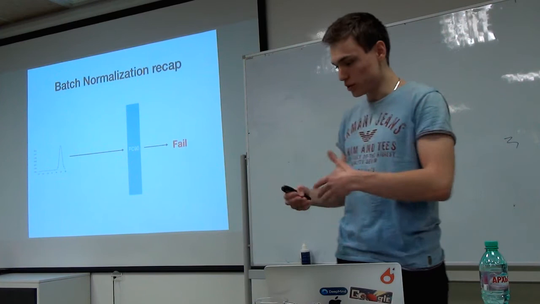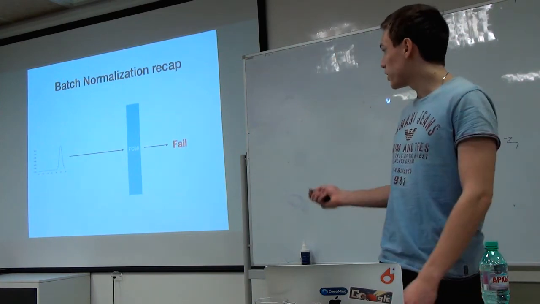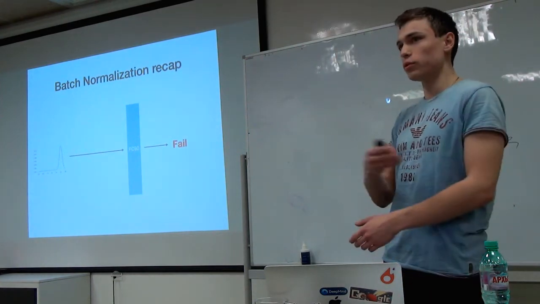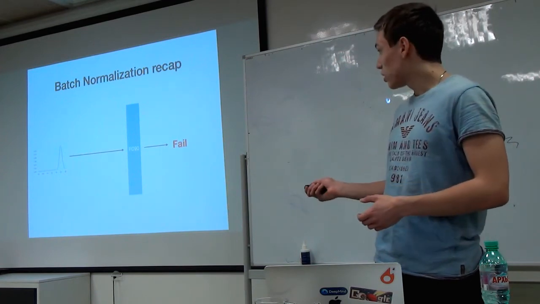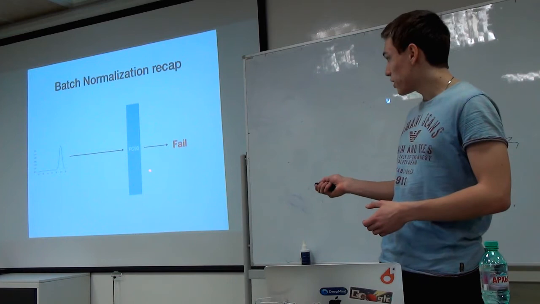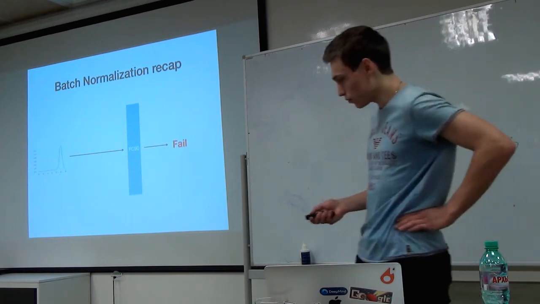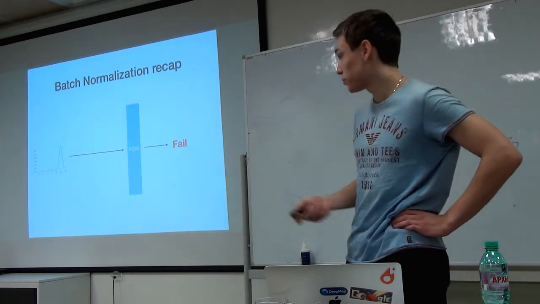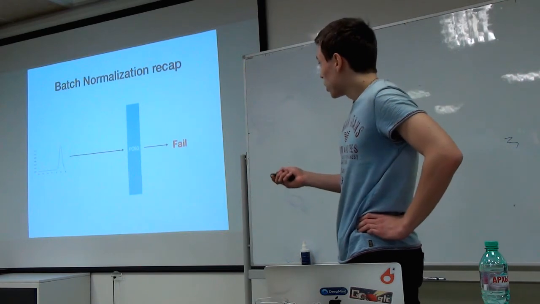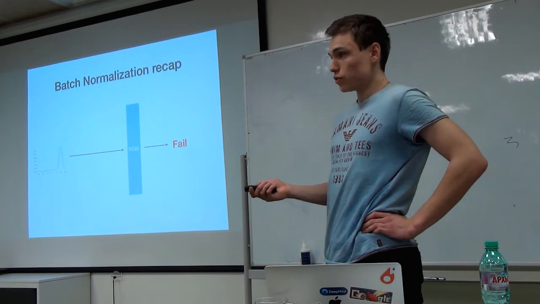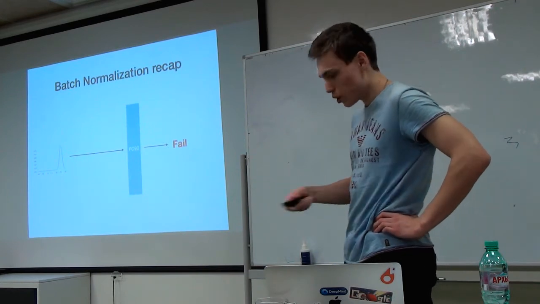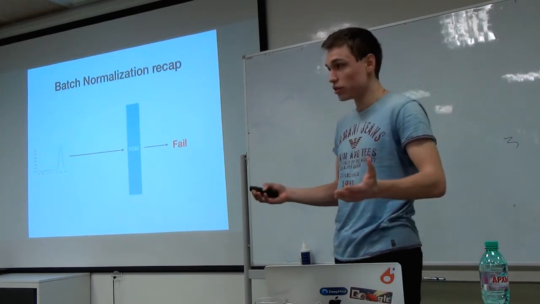So we pass them through the last layer. We fail because we want to start training. So we compute the gradient with respect to all parameters, and update all previous layers and that layer in the direction of our gradient. Then we take another batch of objects, or we can even take the same batch.